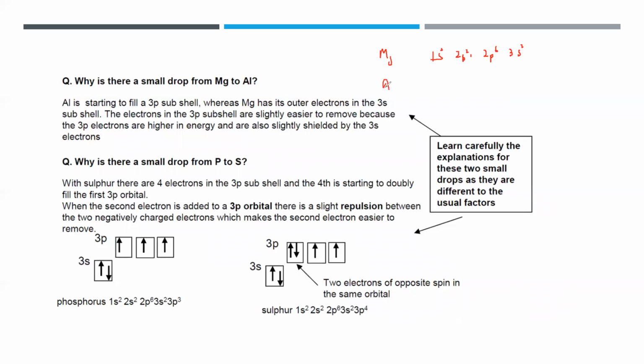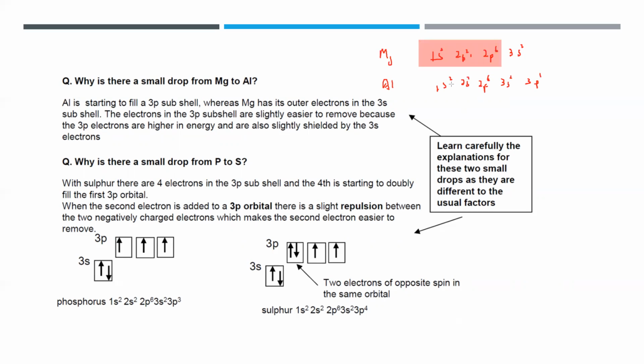When we write it for aluminum, it will be 1s2, 2s2, 2p6, 3s2, 3p1.